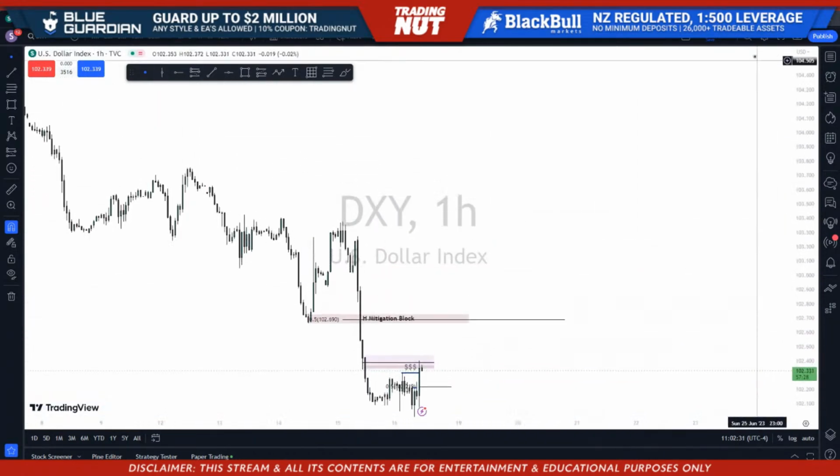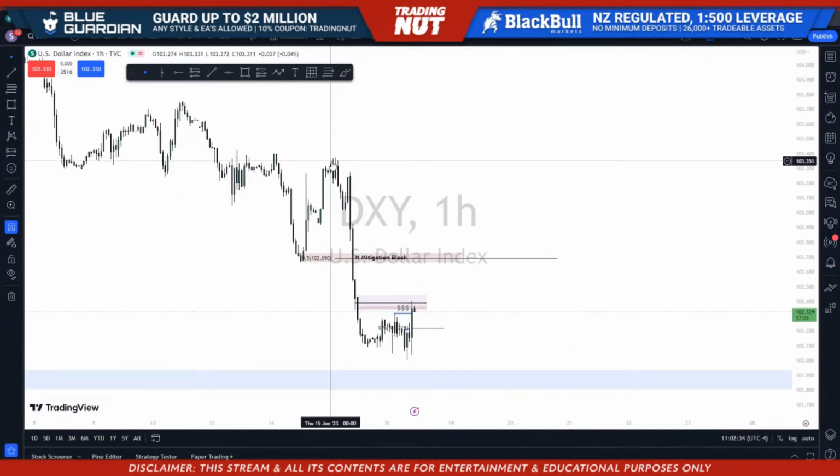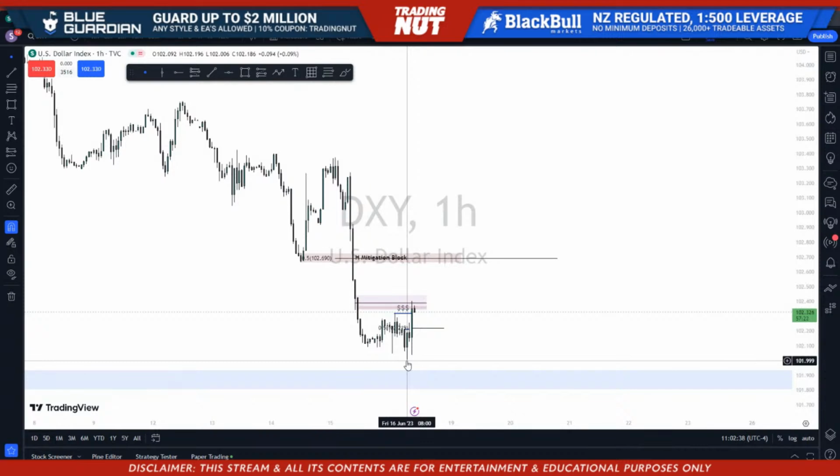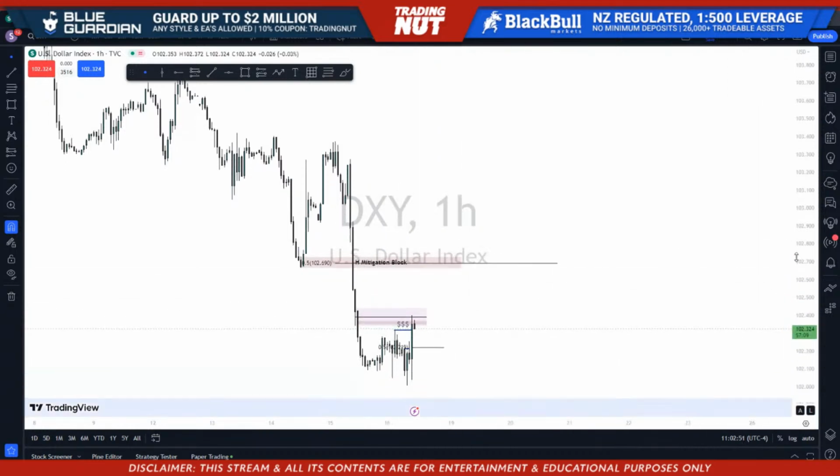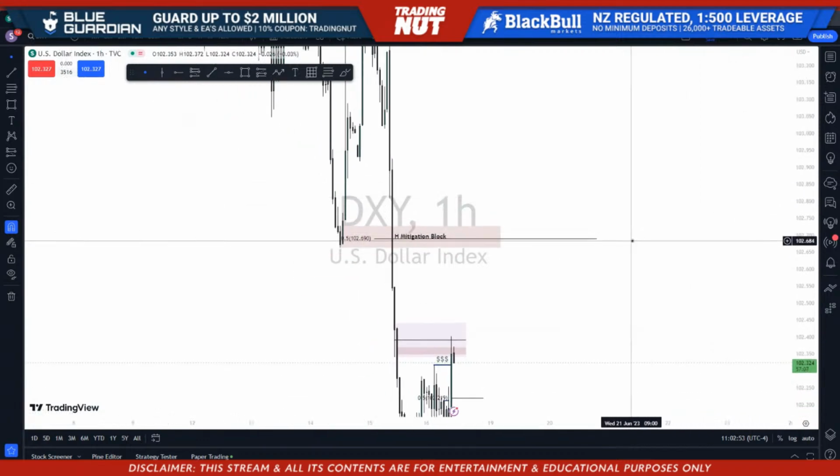Take your Fibonacci tool from high to low, swing low. Sorry about that. From high to low, 0.5. Alongside that, we have the mitigation block.